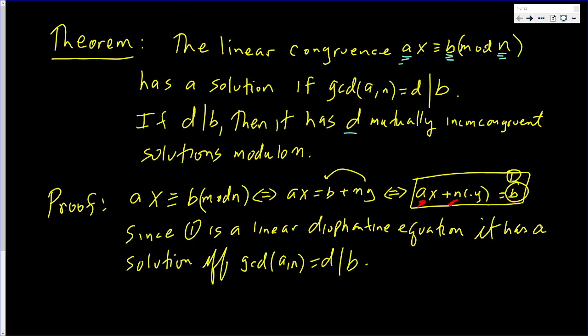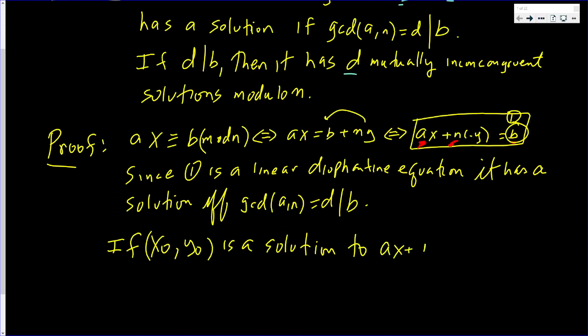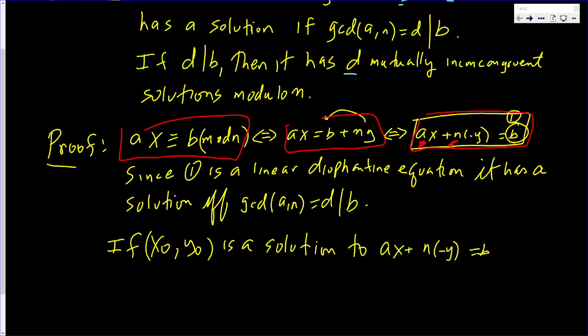Now, we went on further to say that all solutions, so let's slow down a little bit. If x0, y0 is a solution to ax plus n times negative y equals b, now remember, these three statements are exactly the same.